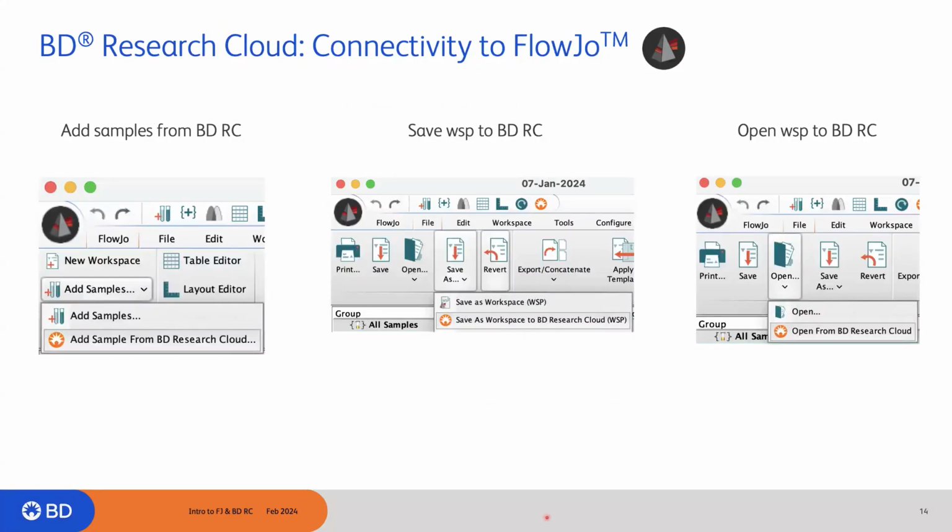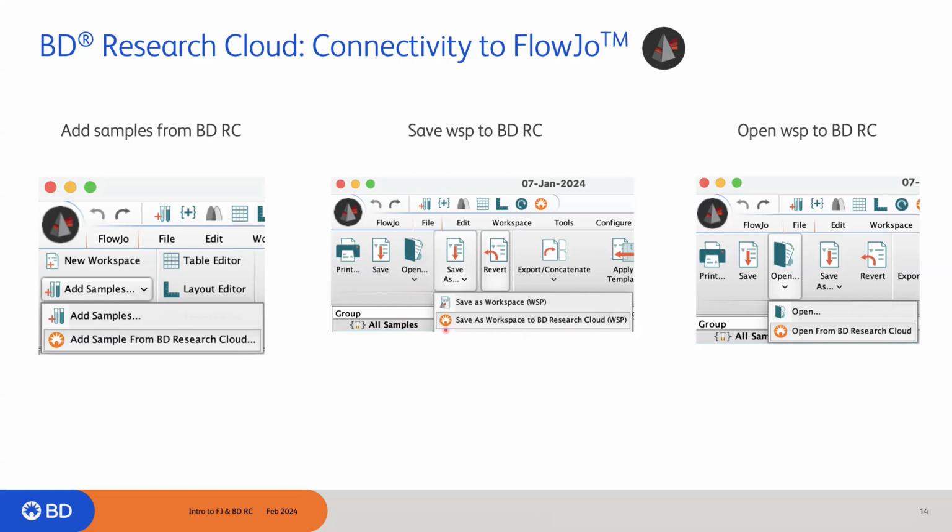And so BDRC is connected to FlowJo, so it makes it real easy now to share that data and open a workspace or load FCS files that have been uploaded to BDRC directly in FlowJo. So from the Add Samples button is the option to load a sample from BD Research Cloud. From the Save As button, we can save a workspace back to BDRC.